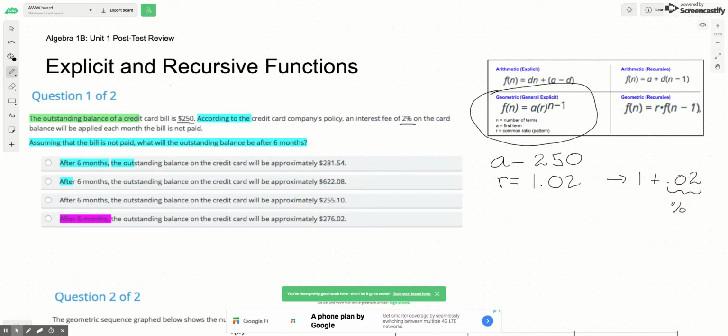You always want to make sure that your percentage is in decimal form before you put it into the calculator. And then 1 plus is part of the formula. Since the interest is increasing, you're going to add 1 to it. And finally, the power that we're going to raise it to is n minus 1. So n minus 1 just means the one before, or the term before.